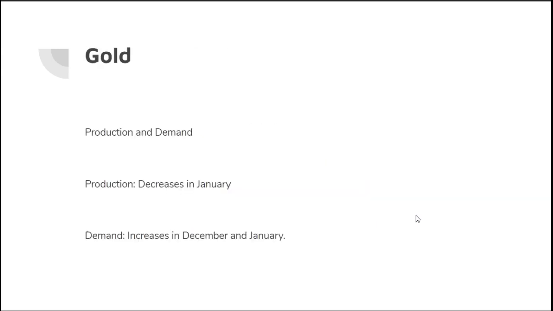So what is this gold seasonality cycle based on? We have here a clear pattern in December and January that is based on gold production and demand. First of all, production decreases in January. I don't know the exact reason, but I suspect it is because most of the mines are closed in the last 2 weeks of December.